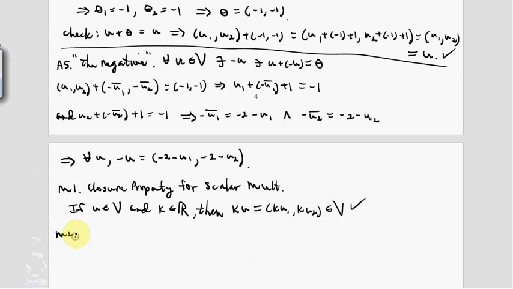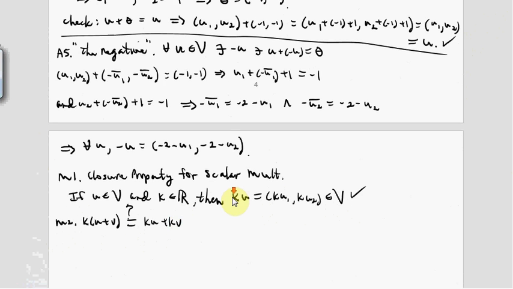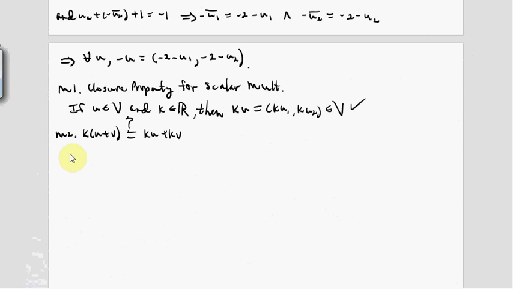So M sub 2, the distributive property here for the vectors. If we have k times (u plus v), is that the same thing as k times u plus k times v? Well, let's see. Look at the left side: k times (u plus v).